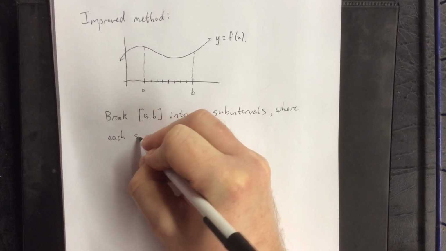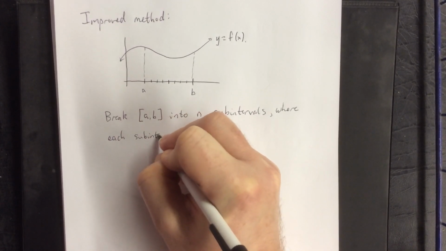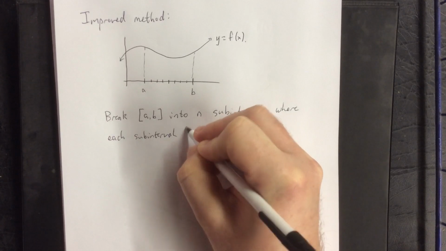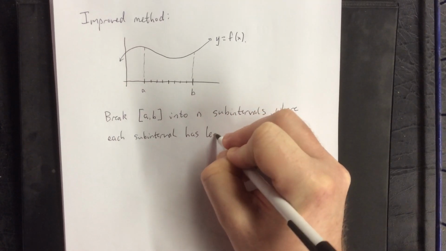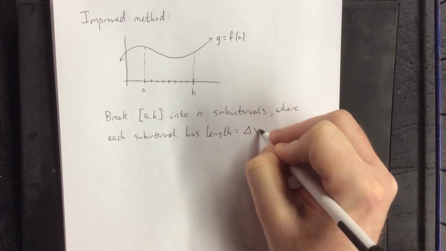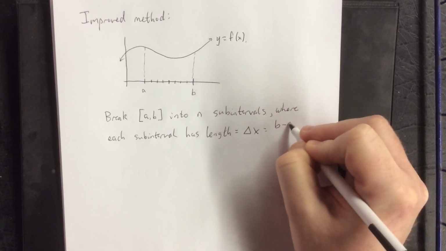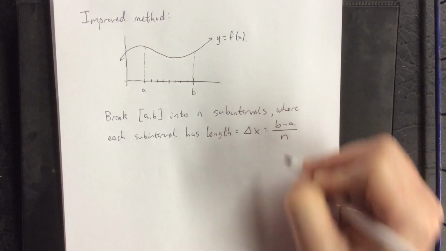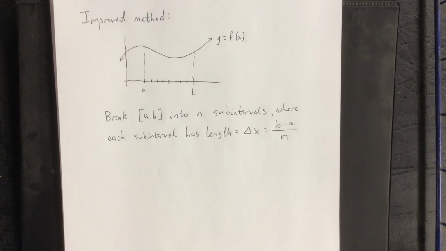where each subinterval has length equal to delta x. Now delta x can be calculated. The length of the entire interval is b minus a, and we're going to split it up into n subintervals.